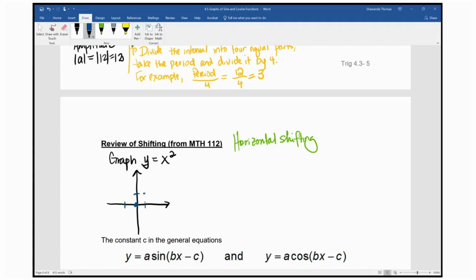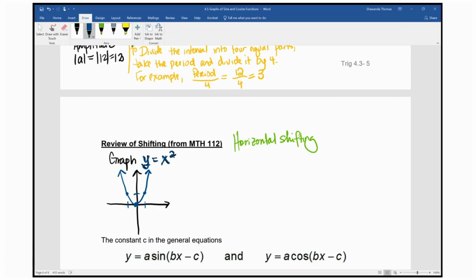Plug in negative 1, you get 1. All right. So your graph looks like that normally. So that's y equals x squared.